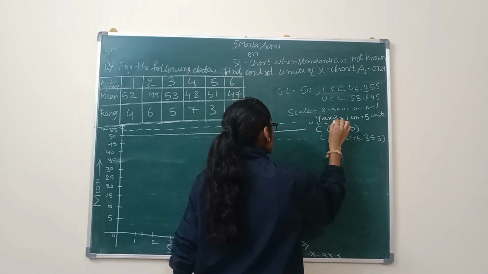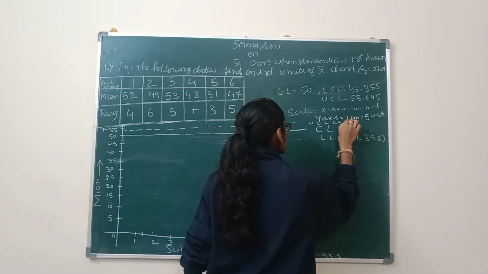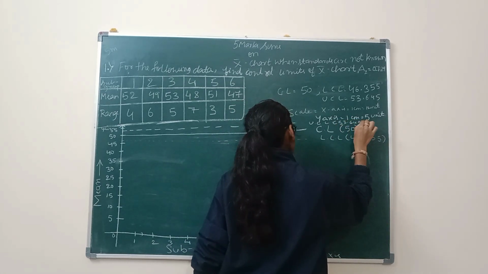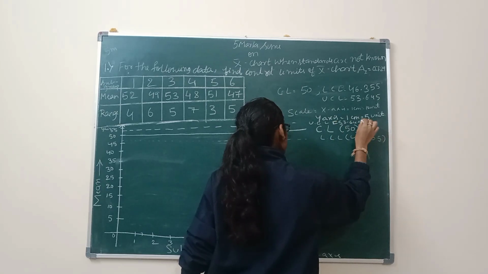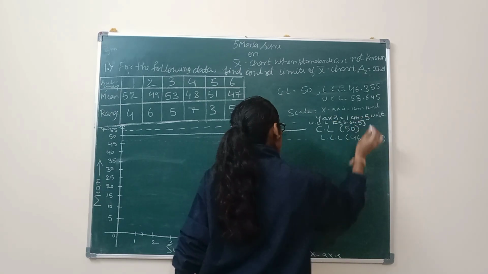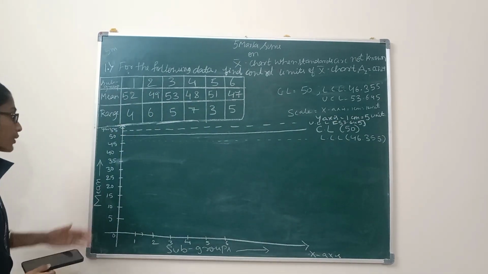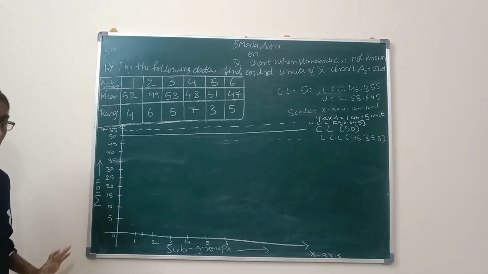UCL is equal to 53.645. Okay. So now we have plotted the values whatever we had got.